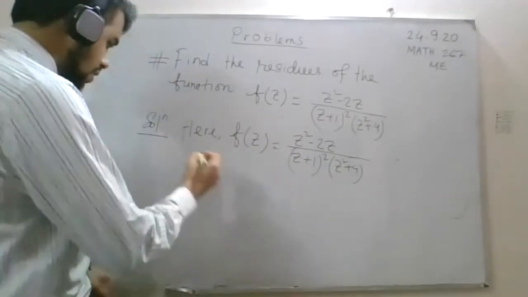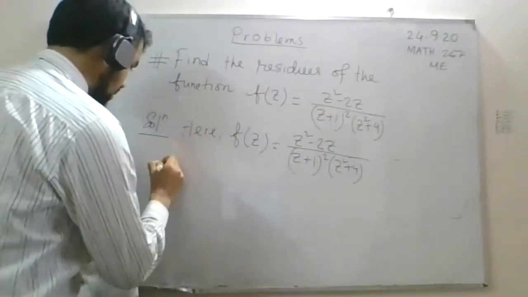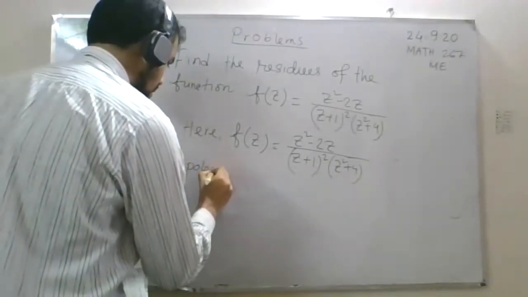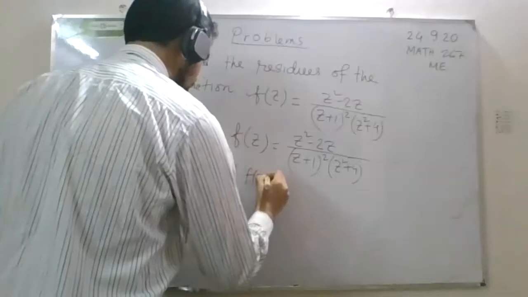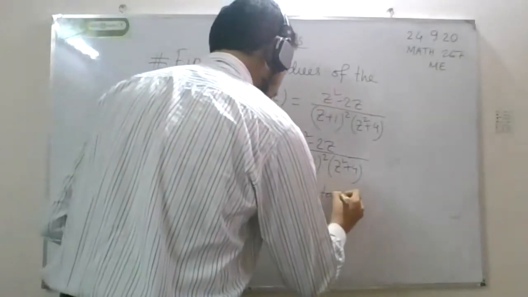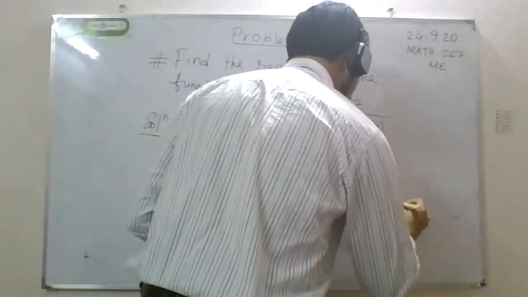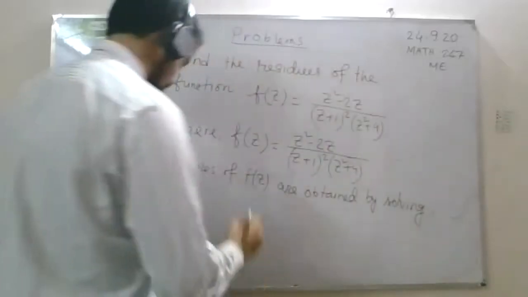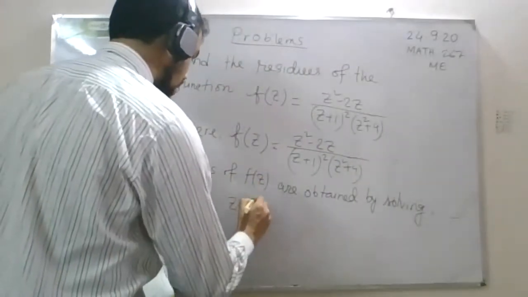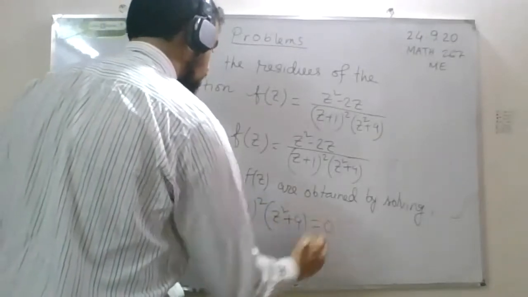Okay, so here the poles of f(z) are obtained by solving this thing, which is (z + 1)² (z² + 4) = 0.